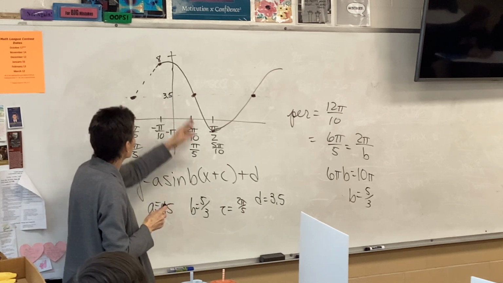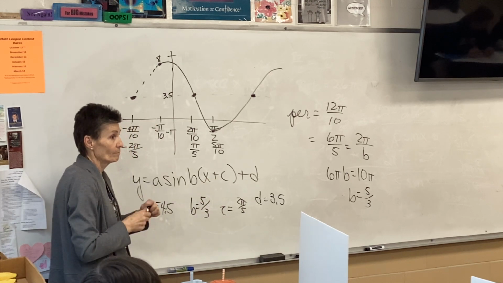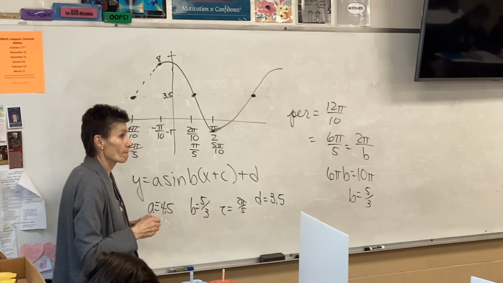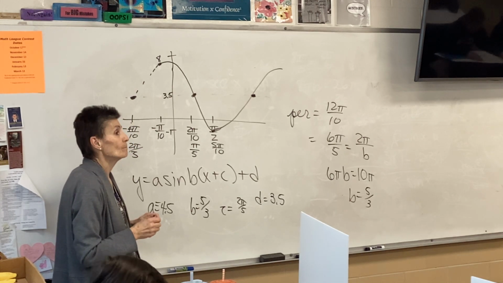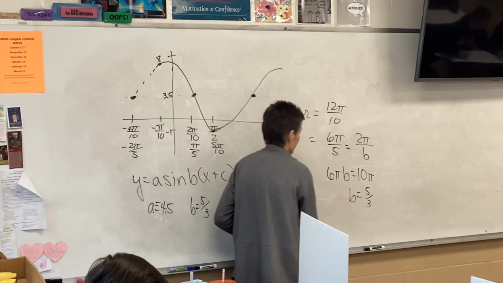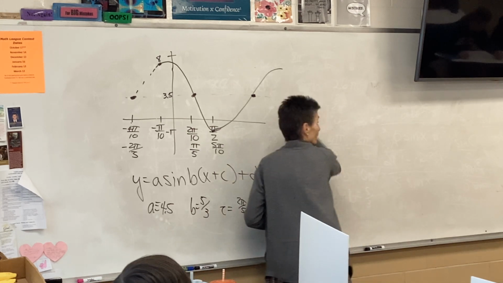Everything would be the same, except this would be x plus π/10. So C would be π/10, and the question said, what is the phase shift? And it would be π/10. So the phase shift is the actual picture.